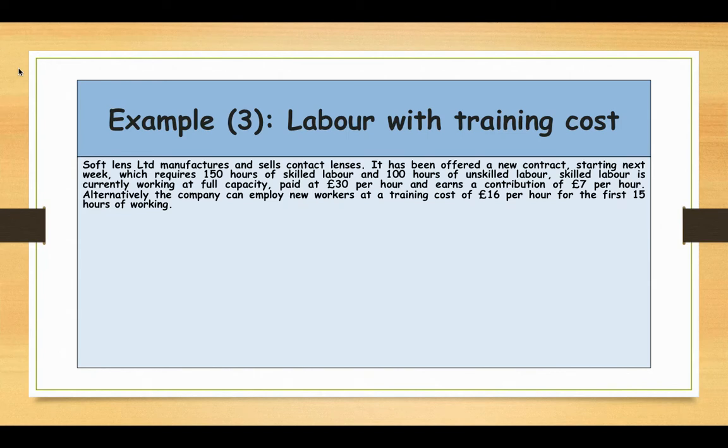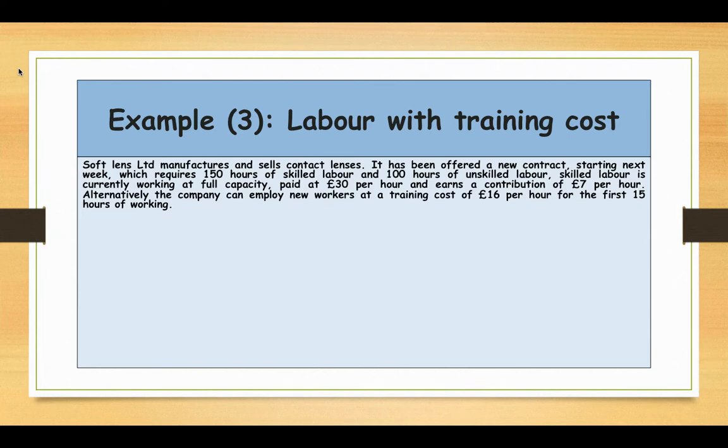The skilled labor is currently working at full capacity, paid at £30 per hour, and earns a contribution of £7 per hour.